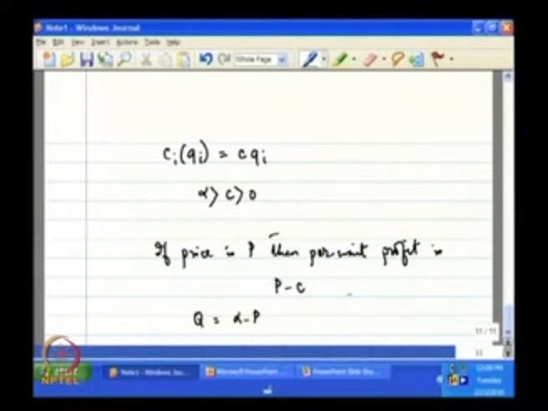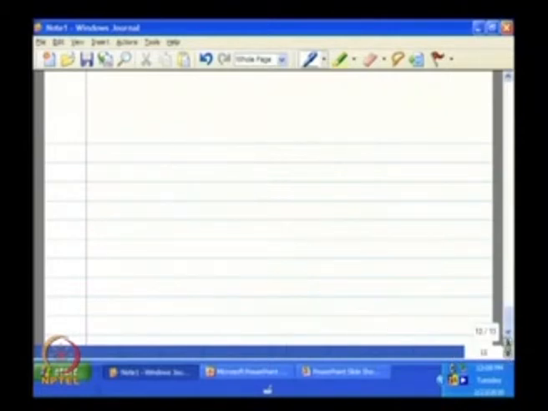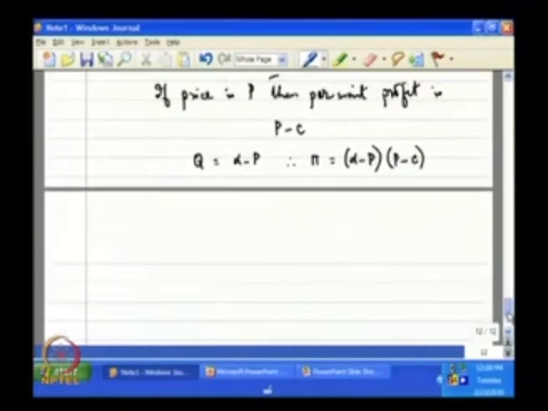In that case, profit for me will be alpha minus p, which is the output, multiplied by the profit per unit of output, p minus c. So, this is the total profit that I am going to earn if I am the sole producer, and if it is the price that I am setting in the market.